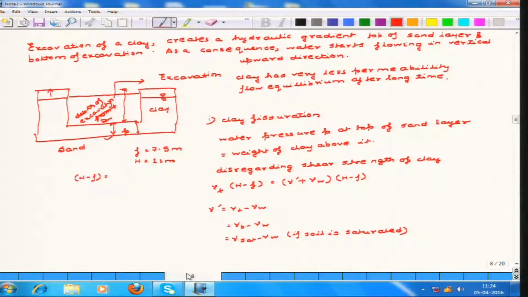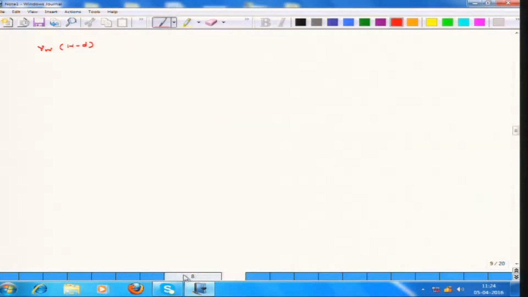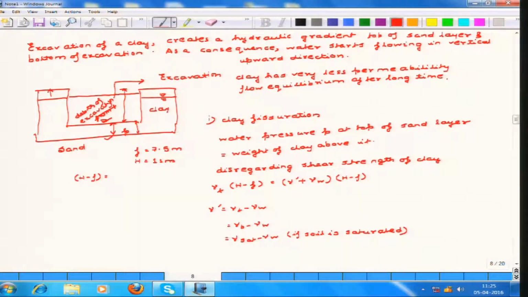D is the depth of the water table from the top of the clay layer. So, this is the pressure at that point.